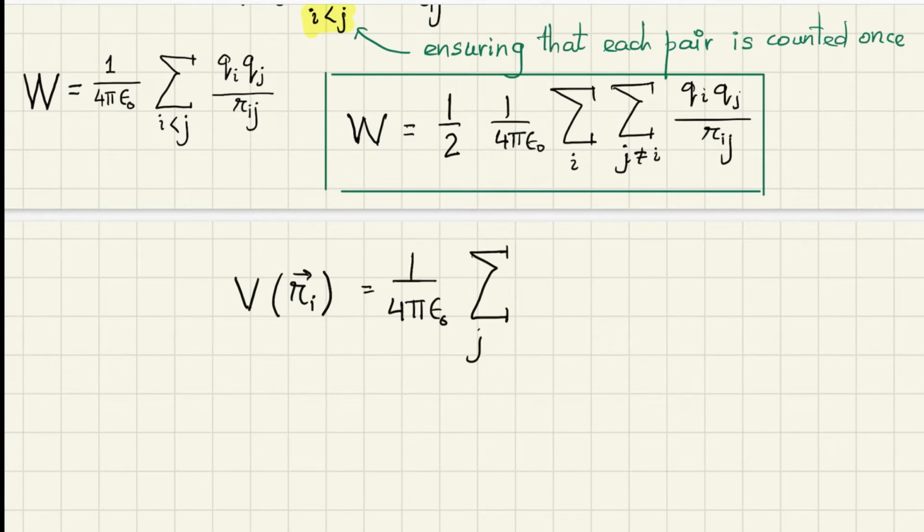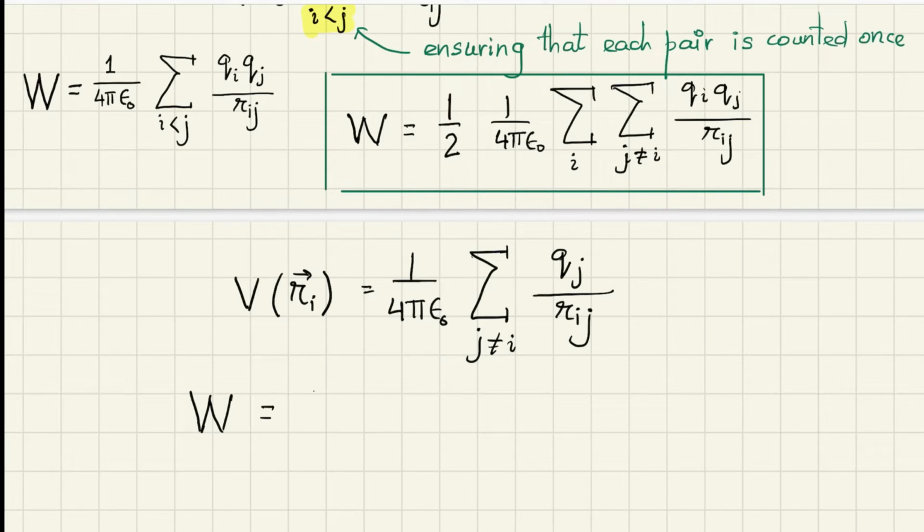I just have to make sure that j is not equal to i, because I am looking at the ith charge, and this is Qj by Rij. So V at Ri, the position where I am putting Qi, is the potential due to all of the other charges.